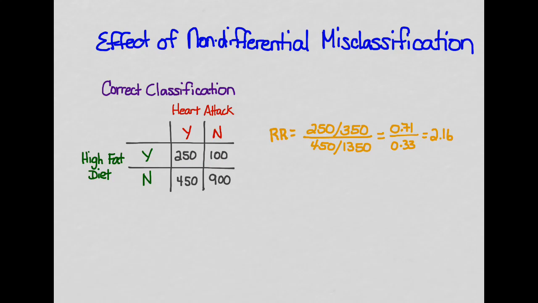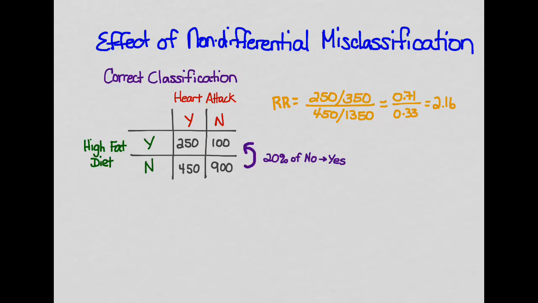Now, let's imagine that there's misclassification bias that is non-differential. The exposure is misclassified, and it's misclassified equally in each of the disease groups. Let's imagine that our measure of diet is not very good, and so a lot of the people that actually do not have a high-fat diet in reality get classified as having a high-fat diet on our measure.